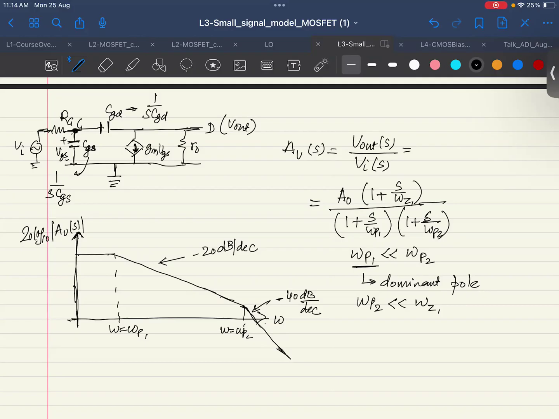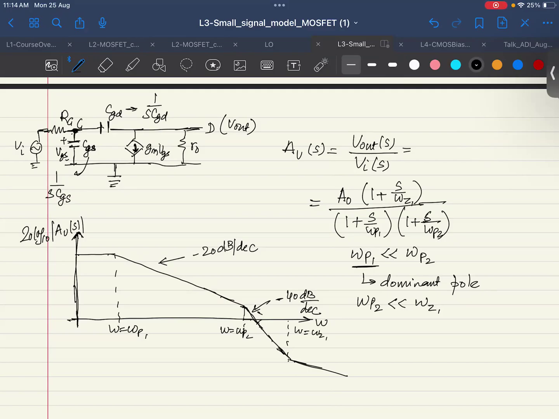The second pole will give you minus 40 dB, right? And then at some point in the future, you will also have a zero, because we are assuming that the zero is quite far off, and then you will see that it would change to minus 20.